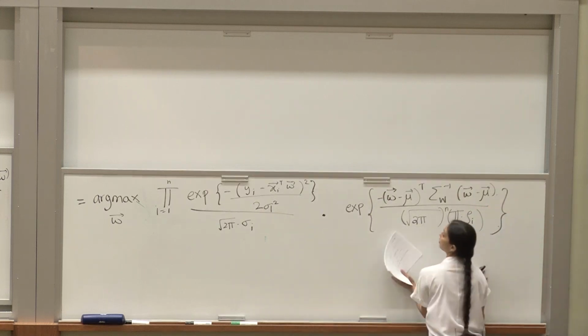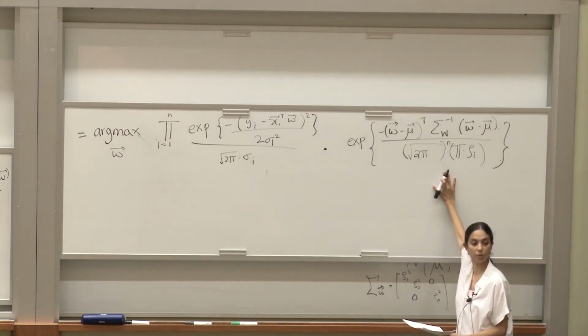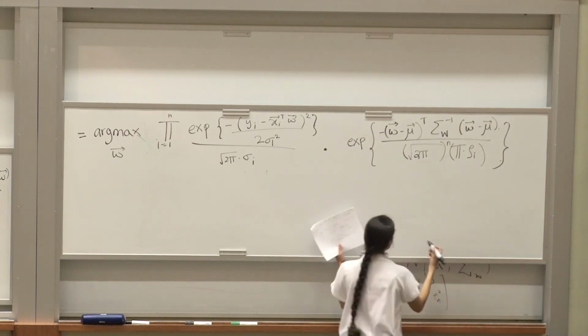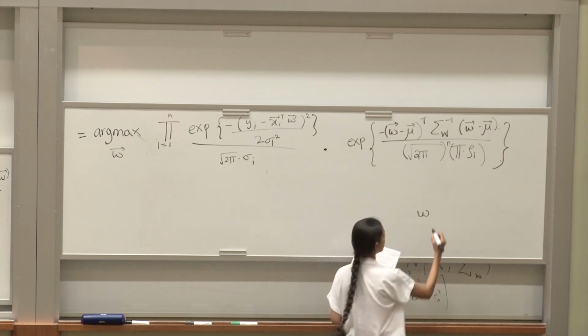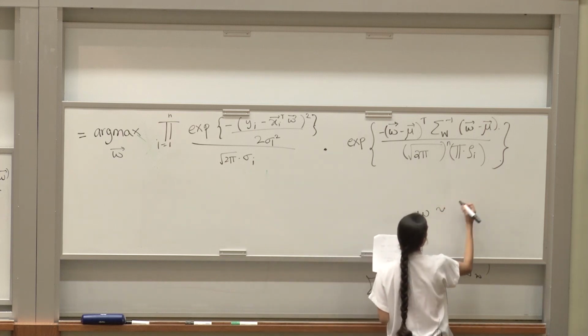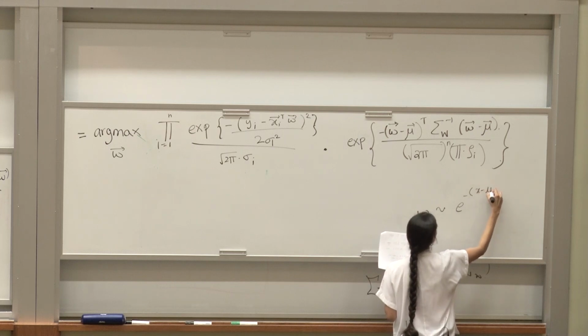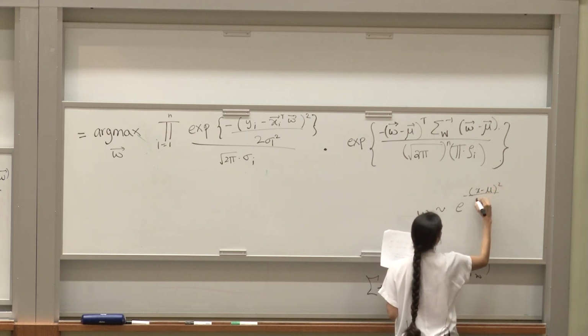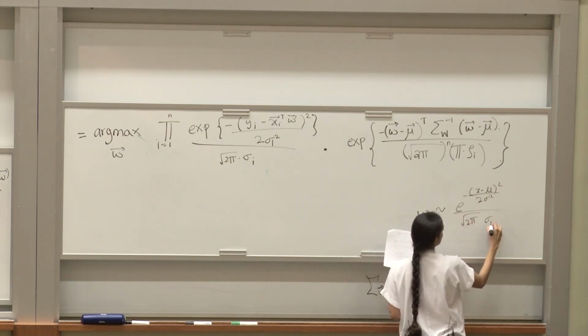All I've done here, for those of you who are wondering where this expression came from, this is just the multivariate normal density. Remember, if W was just a scalar Gaussian, the density of it is e to the minus (x minus mu) whole squared divided by 2 sigma squared, divided by square root 2 pi sigma.